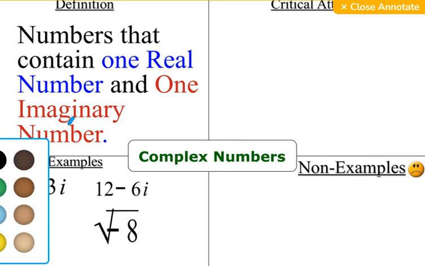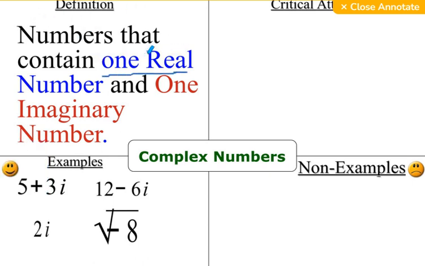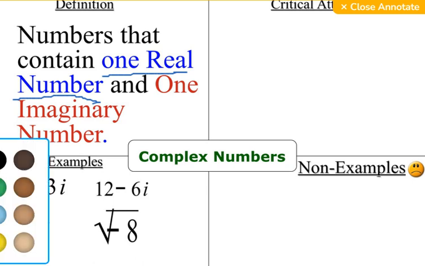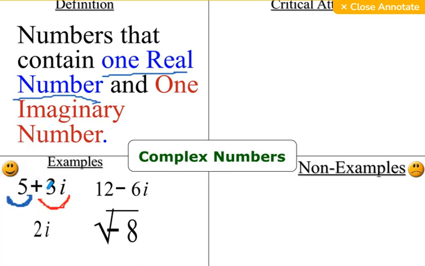All right? So it says numbers that contain one real number in blue. So look at the first example, 5 plus 3i. That means the 5 is a real number. Which means what? That the 3i is the imaginary. All right. Second example, the imaginary is negative 6i, which means the real number is 12.